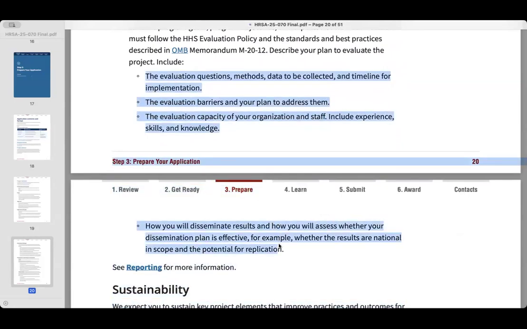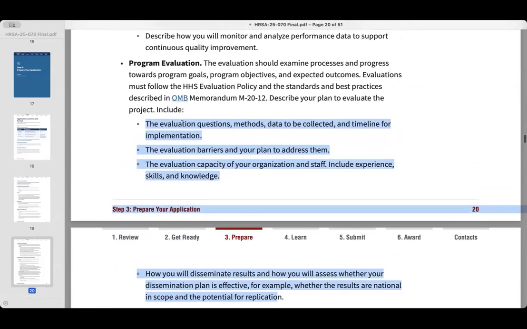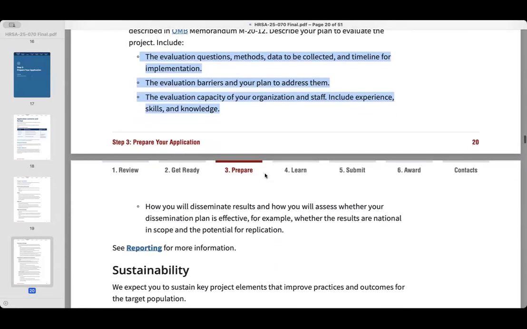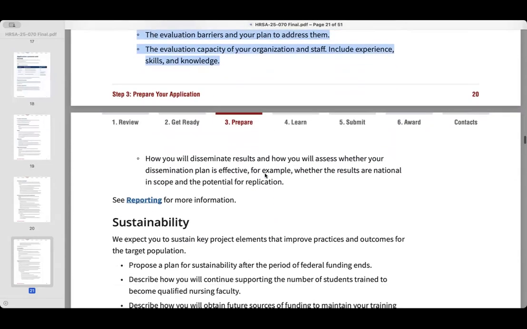I will tell you, I saw three applications that had the exact same evaluation questions, methods, and barriers listed. In many cases, these are national problems where at least the same basic barriers are being faced around the country, so it's not surprising if you have the same ways to investigate that.